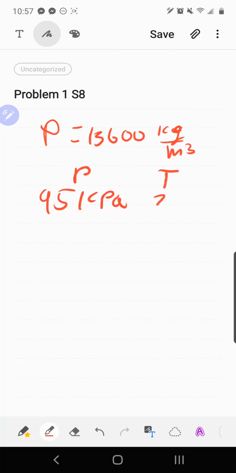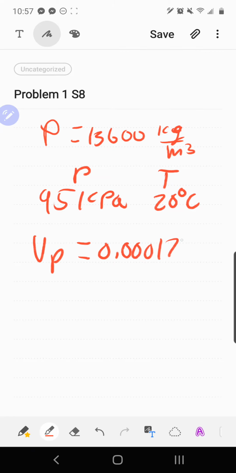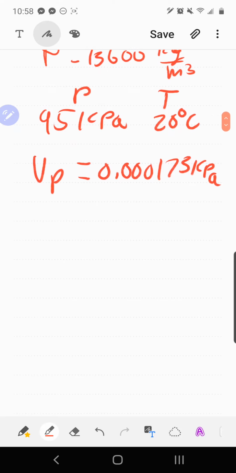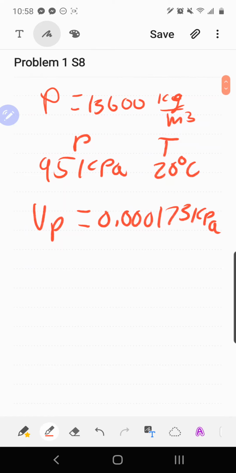Our temperature is 20 degrees Celsius. And we have a vapor pressure, which is really small, 0.173 kPa. Column of mercury will rise to what height most nearly? All right. How high is our mercury going to rise with these conditions on our tube?